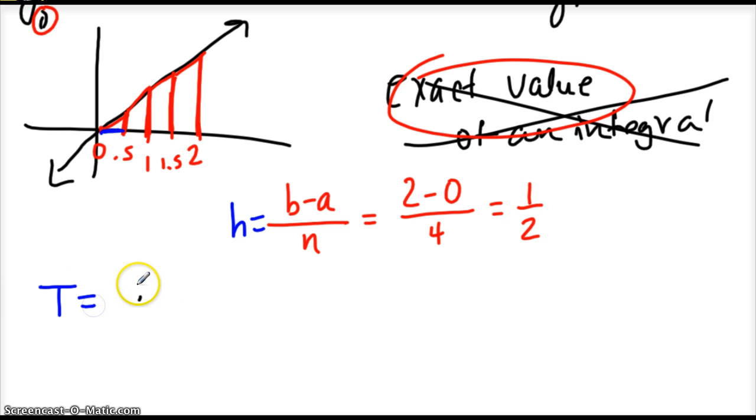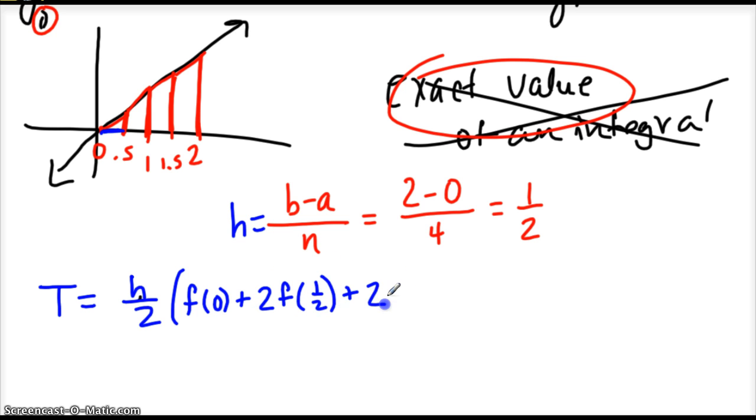So in the trapezoid rule, you have h over 2, and then y subscript 1 plus 2y1, so on and so forth. So I want to back up here. Y subscript 1 in your notation is going to be f of 0 plus 2 f of 1/2 plus 2 times f of 1 plus 2 times f of 1.5 plus f of 2.